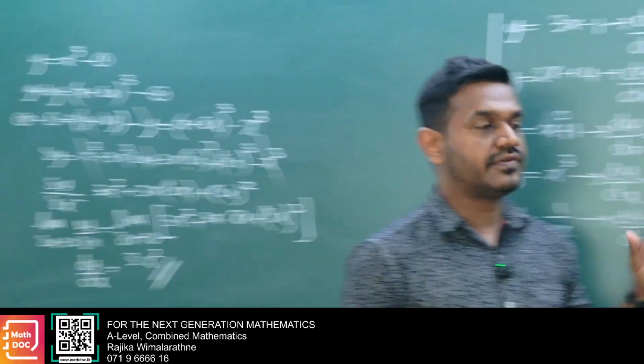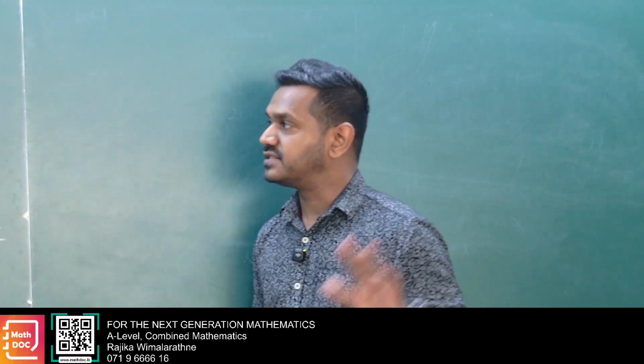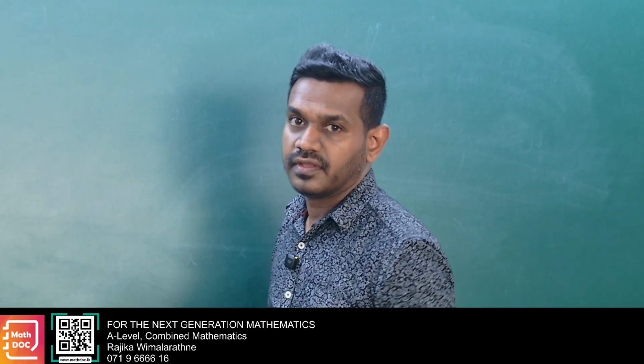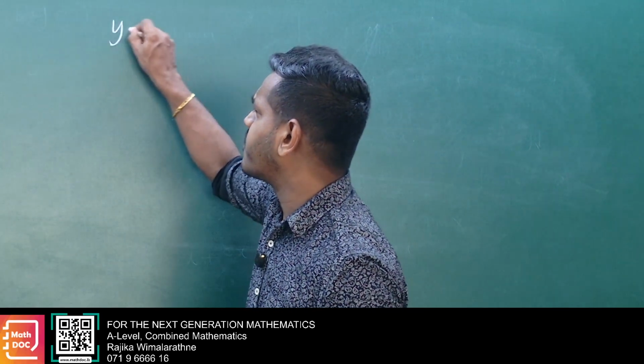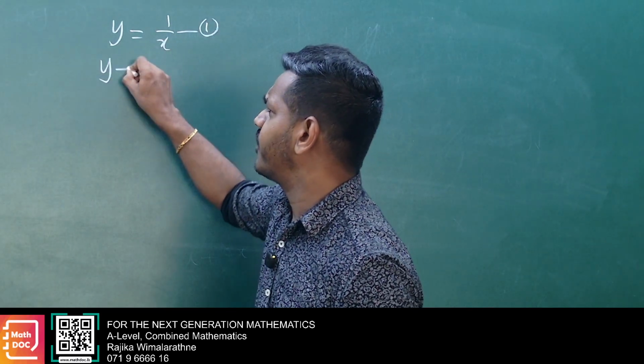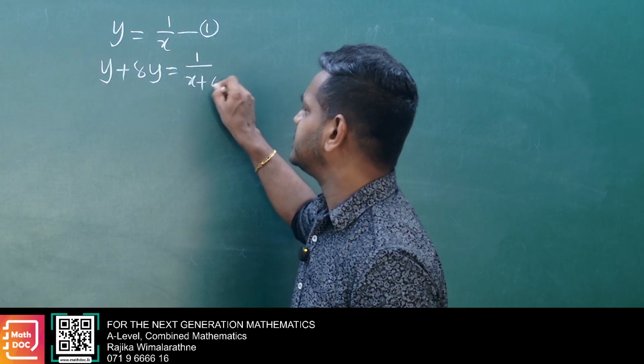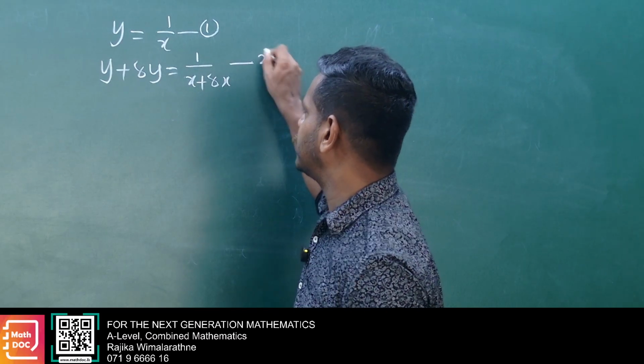Okay, then y equals 1 over x type. See this one, y equals 1 over x. You follow the same procedure. Y plus delta y equals 1 over x plus delta x; instead of x, put x plus delta x.